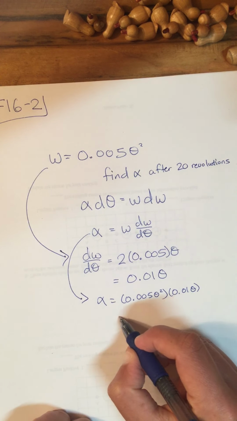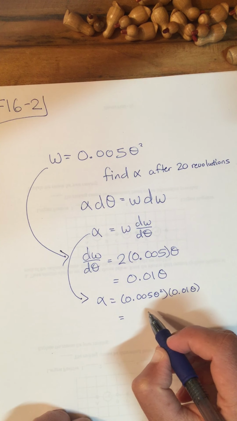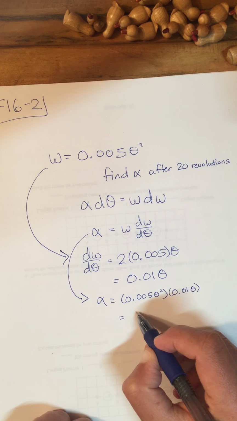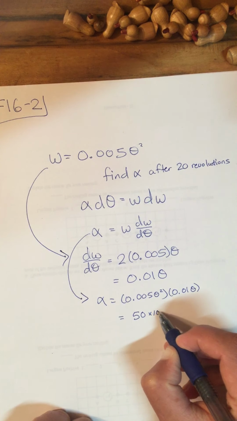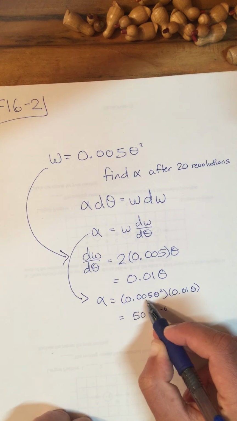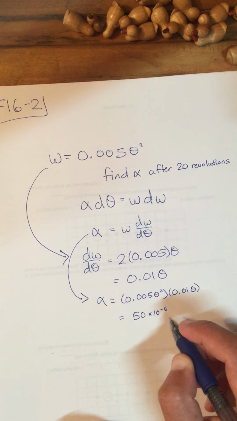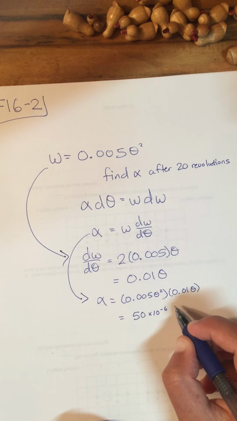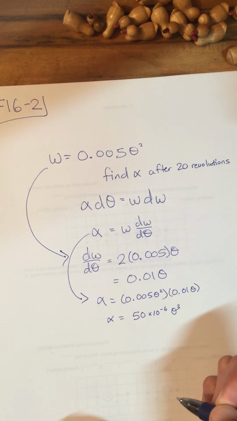That gives me, let's write this as 50 times 10 to the negative 6, so we have 1, 2, 3, 4, 5, and then another 6 to make it 50. And then I have a theta cubed. So that's my angular acceleration.